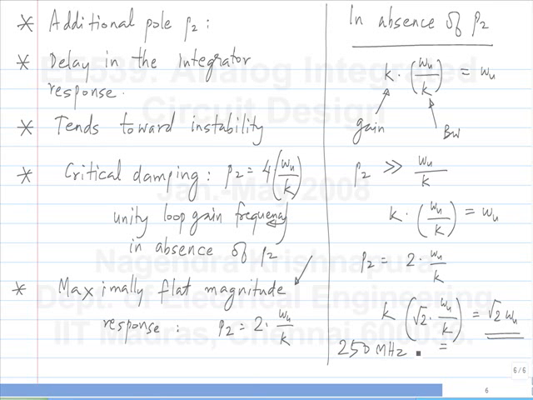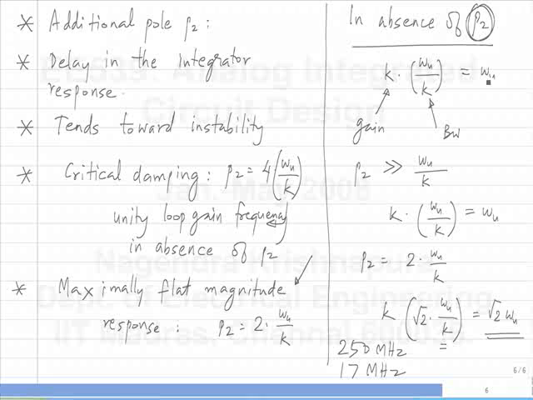If the gain bandwidth is constant, it should be 25 megahertz, but it may be something like 17 megahertz or something of the sort, okay. So, the gain times bandwidth is 170 megahertz, but when you apply it in unity gain, you have adjusted it so that the second pole P2 is 2 times omega u by K, okay. So, you can get a larger bandwidth than gain times bandwidth product by using the maximally flat magnitude response, okay.